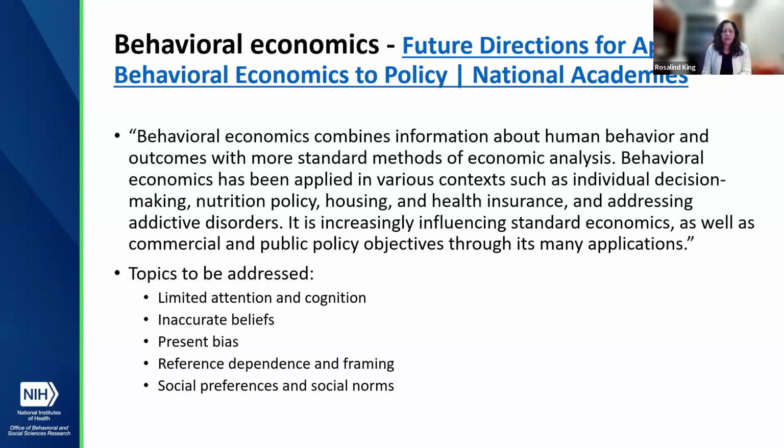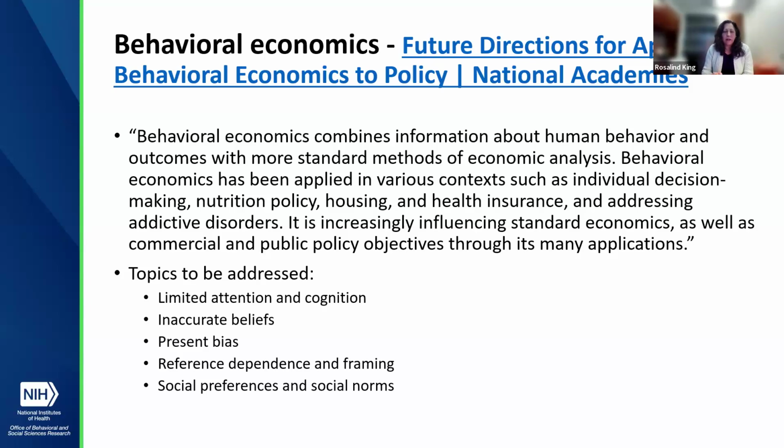Inaccurate beliefs are understandings that stem from incorrect or partial perceptions of situations, incentives, one's own abilities, or the beliefs of others. Present bias reflects the human psychological tendency to prioritize what's right in front of us. An example is the marshmallow test, if any of you are familiar with that experiment.